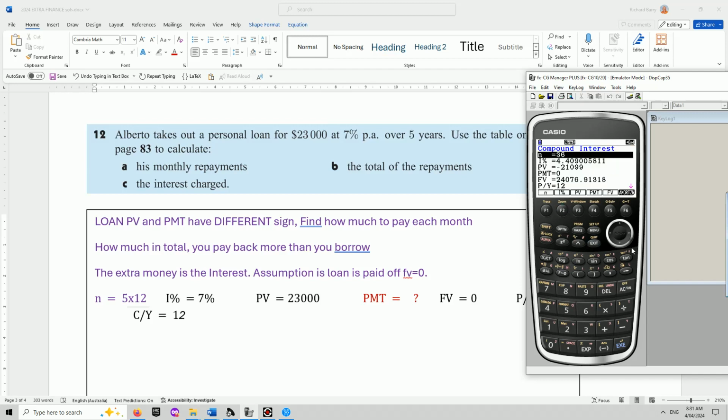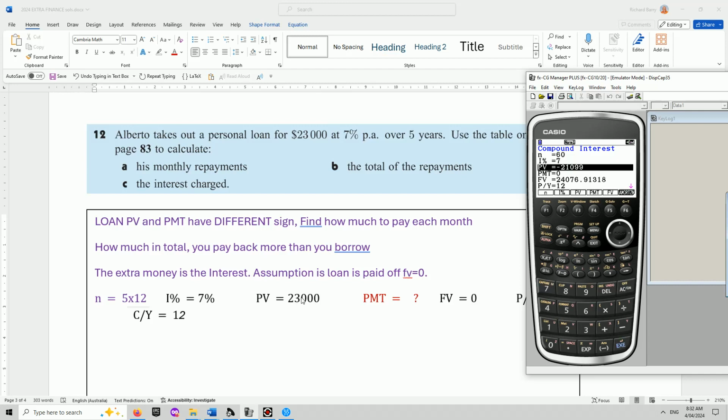It's full of info from previous questions. So 5 times 12. And here is the main reason why you write these out. 1, so you can read the question, put things in. 2, so your teacher can mark them. But 3, so you can check the numbers on your calculator that you've decided.